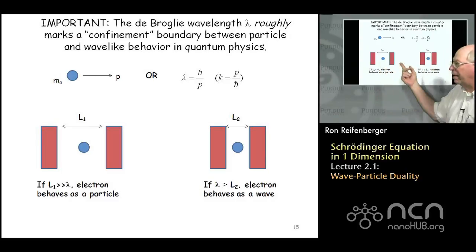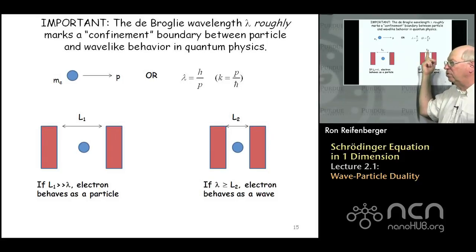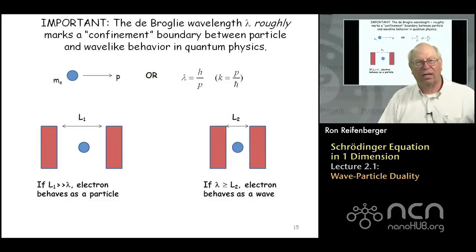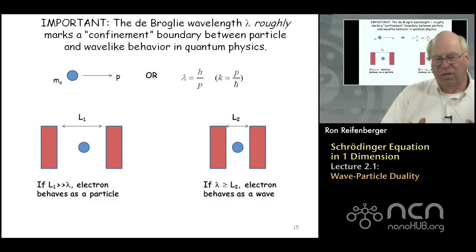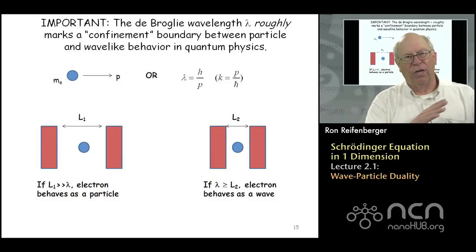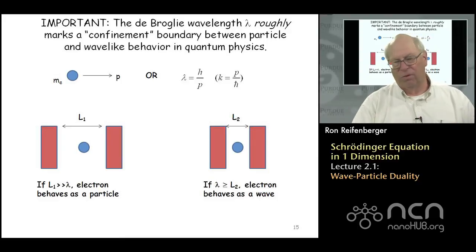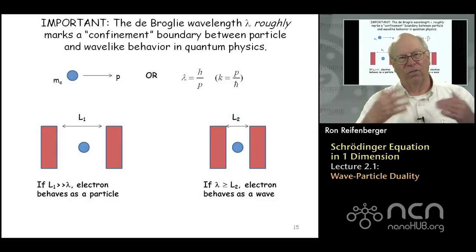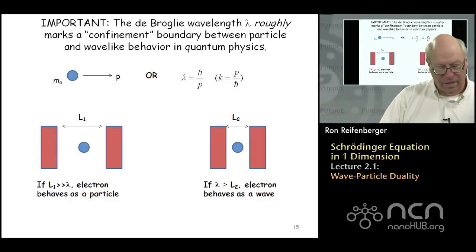Conversely, if you take that same electron and you put it in a very narrow box, where now the dimensions of the box, L2, are comparable to the de Broglie wavelength lambda, then in this configuration, the electron behaves as a wave. So this de Broglie wavelength provides a confinement boundary that allows you to distinguish when you have to treat electrons as waves and when you have to treat electrons as particles. And we'll see this over and over again throughout the semester. This is a recurring theme that you have to be aware of.